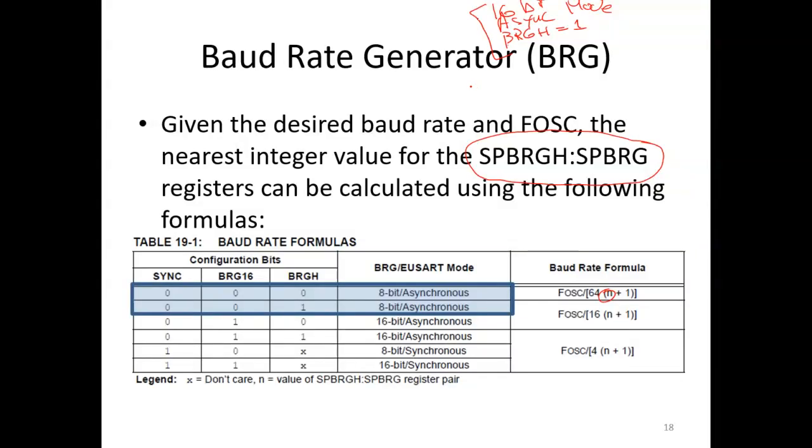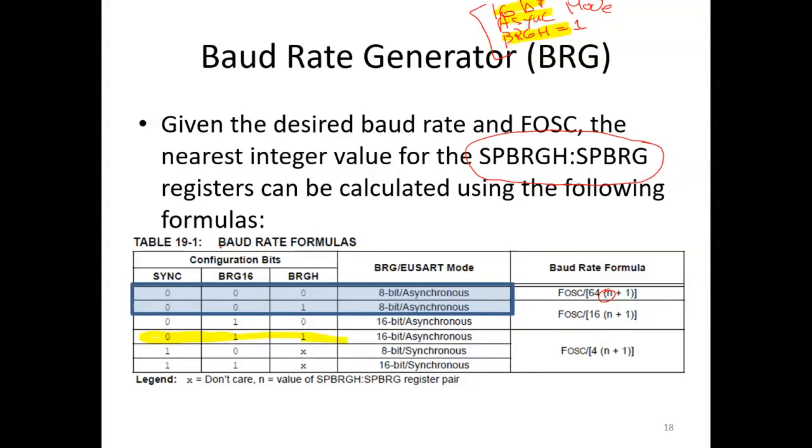So you have these 3 values: 16-bit mode, asynchronous communication with BRGH equal to 1. So what is the formula? We have to check here: asynchronous mode, meaning SYNC is 0, BRG16 equals 1, we have 16-bit mode, and BRGH equals 1, so we are in this situation.